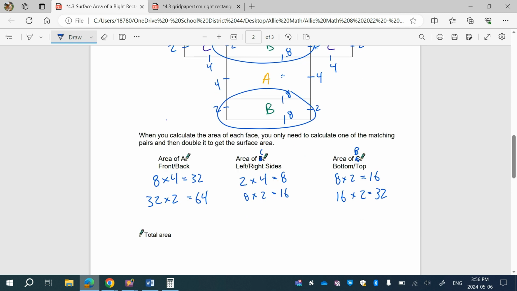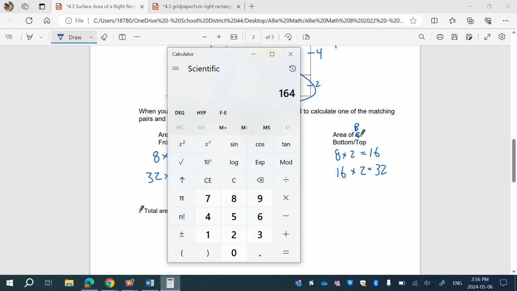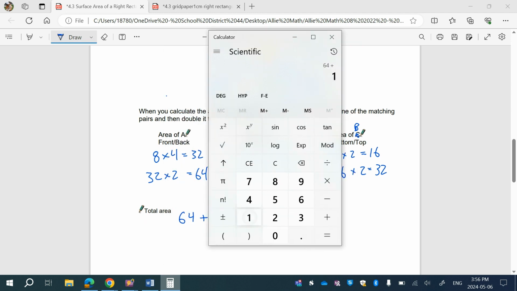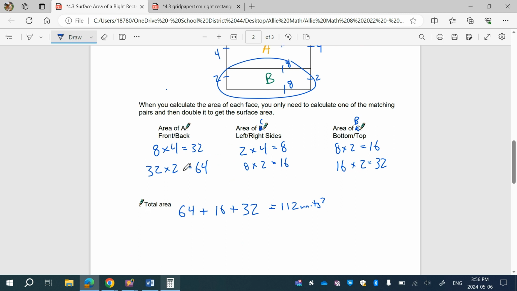Okay, so now our total area is going to be just those 3 numbers added up, 64 plus 16 plus 32 equals 112. I don't know. Let's do it again. Units squared.